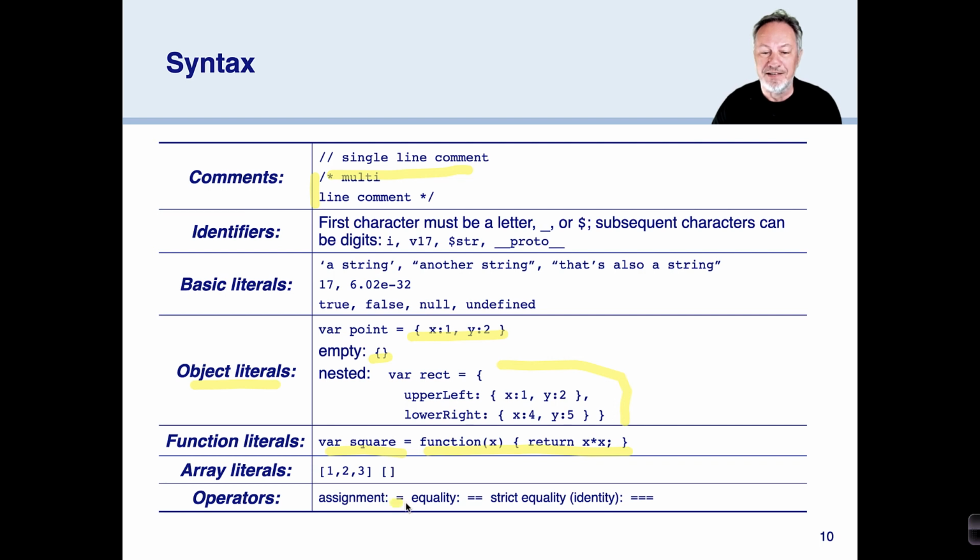The first is the assignment operator, and then, as is usual in object-oriented languages, we have equality versus identity. So in Java, those would be equals and double equals, and this would be colon equals. Here, the single equals is assignment. Double equals tests equality of objects, and triple equals tests the identity or strict equality of objects.